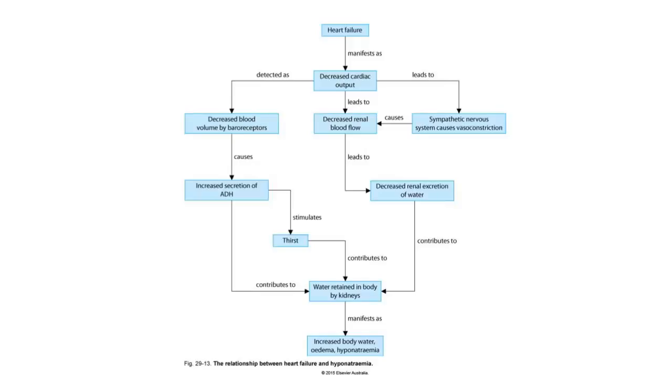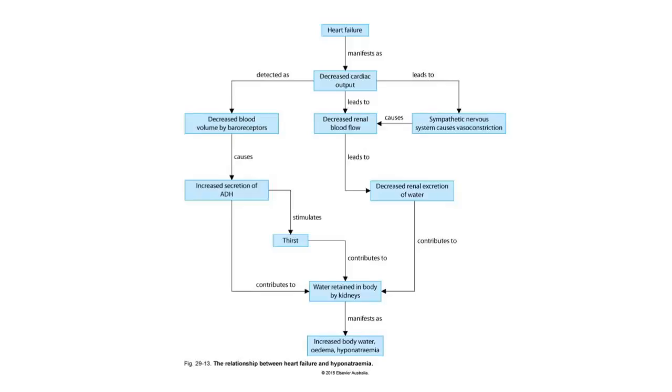Now moving round to the left hand side of the flow chart as you're looking at the screen, you get decreased blood pressure being picked up by the baroreceptors, and that will trigger increased secretion of ADH, which will trigger thirst, which will cause the kidneys to retain water, as well as increase the blood volume, plasma volume, through replacing water in the system. So you get increased body water and edema. But that increased fluid dilutes what sodium is available in the system.